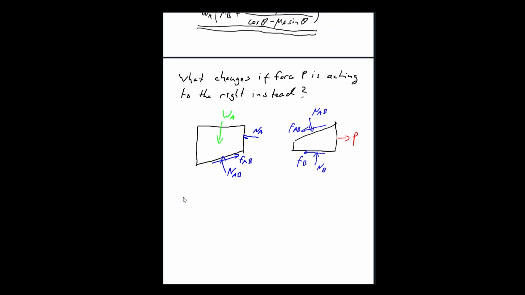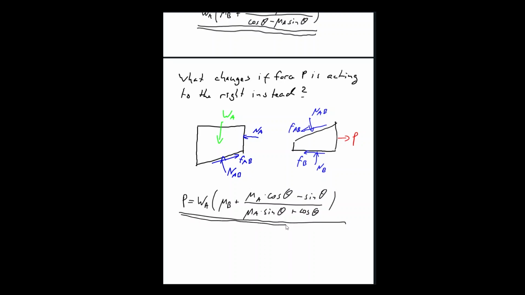When we do that, we find that P is equal to WA times mu B plus mu A times cosine theta minus sine theta, divided by mu A times sine theta plus cosine theta.